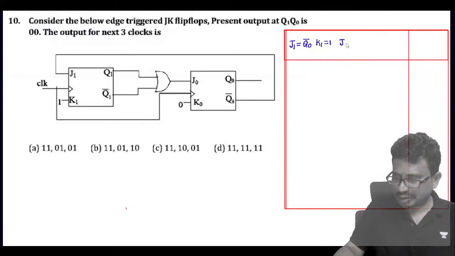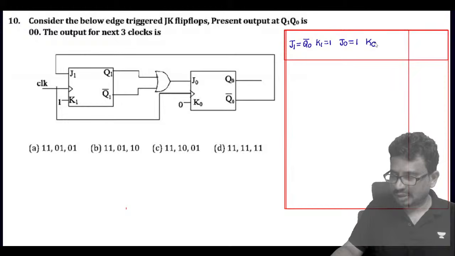And J0 is equal to, tell me? The sum of these two is a 1 only. And K0 is connected to always 0. So then we get Q1 plus and Q0 plus.